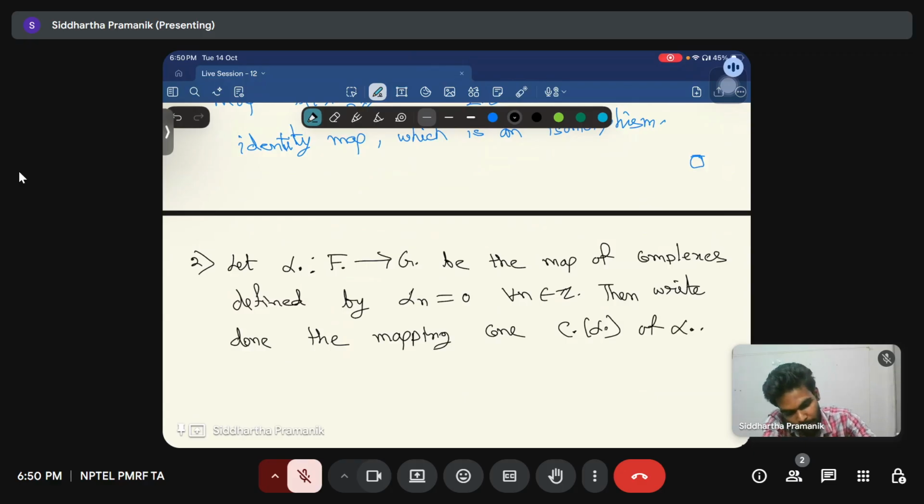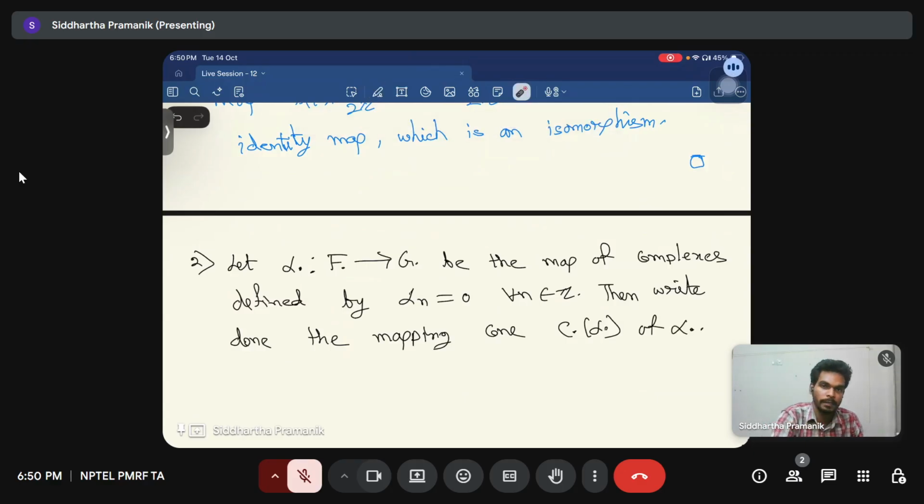So basically we are taking the zero map between complexes. Then we want to write down the mapping cone.